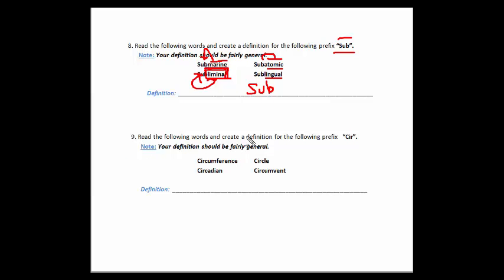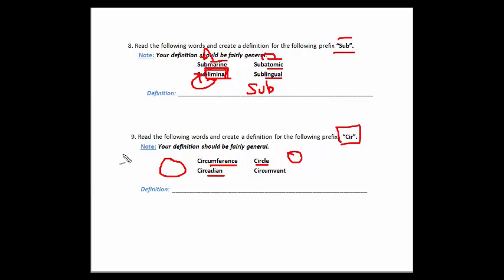Read the following words and create a definition that's fairly loose for the prefix CIR. Circumference. Circumference is the outside of a circle. Circle is a circle. Circadian.